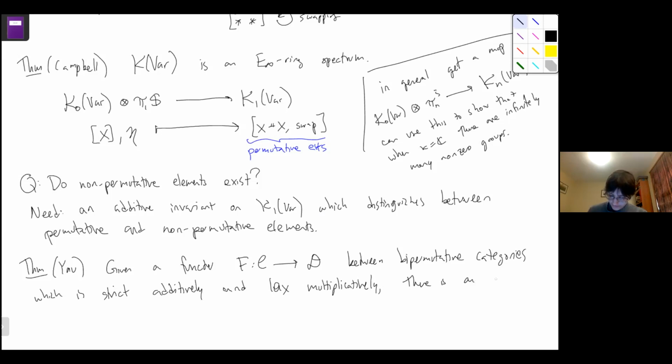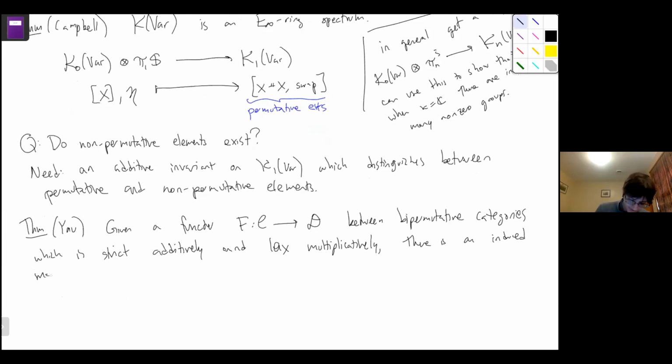there is an induced ring homomorphism K star of C to K star of D. And in particular, the actual statement homotopically is that the induced map on K-theory is simplicially homotopic to an E-infinity map.